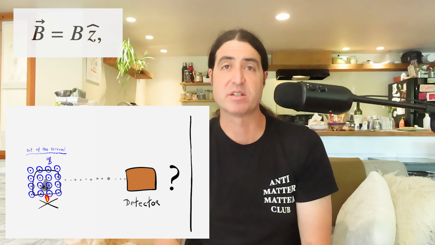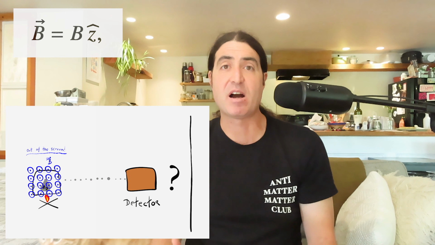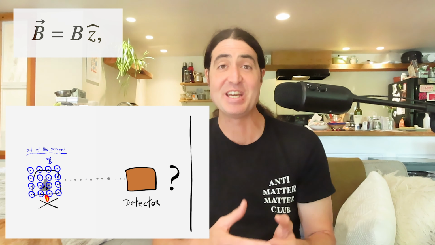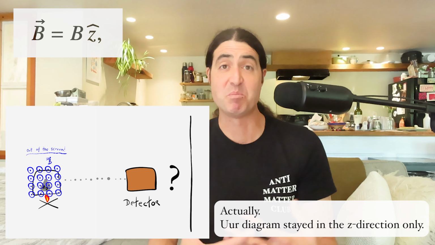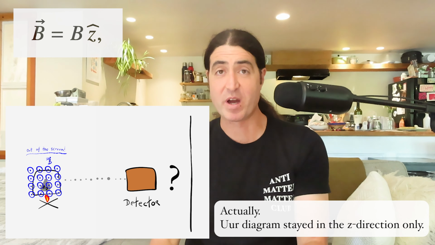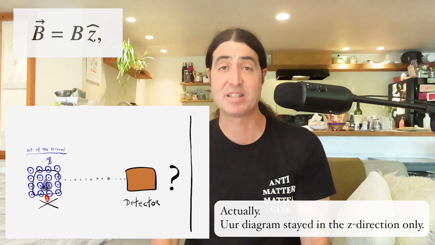But before continuing, it's worth pointing out that there are multiple ways to achieve an angle of 90 degrees. Earlier, we considered B pointed purely in the y direction, but we could have just as well pointed B purely in the z direction. And in fact, we can consider any combination of the magnetic field in the y or z direction. So let's go ahead and do that. For concreteness, let's set B equal to By in the y direction plus Bz in the z direction and see what happens.